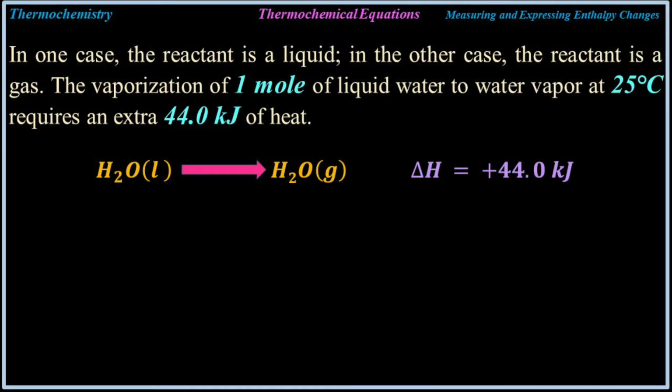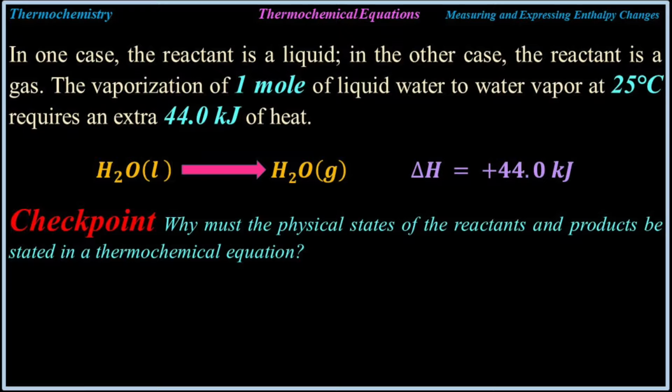In one case, the reactant is a liquid. In the other case, the reactant is a gas. The vaporization of 1 mole of liquid water to water vapor at 25 degrees Celsius requires an extra 44 kilojoules of heat. Water liquid to water gas is additionally endothermic and requires 44 kilojoules.